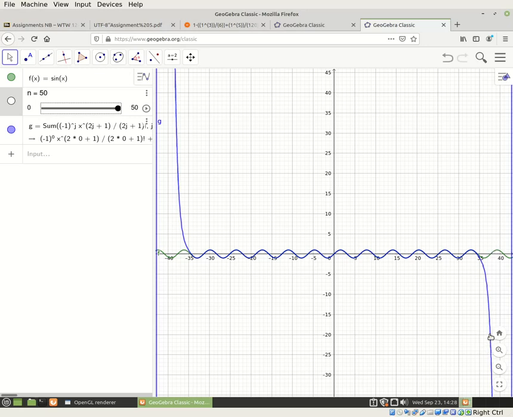Over here at about 37, it's going to say the sine of 37 is about minus 20, even though we know that sine always takes values between -1 and +1. Even with 50 terms, it is making a very large error, and we want to be able to quantify the errors we make in this approximation.